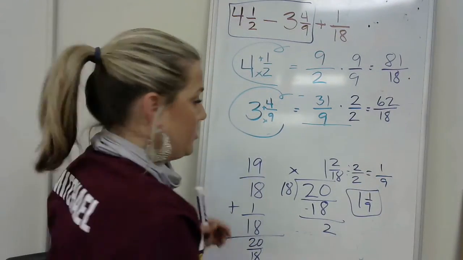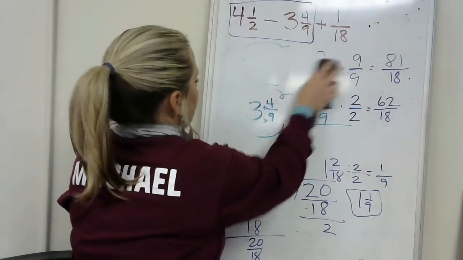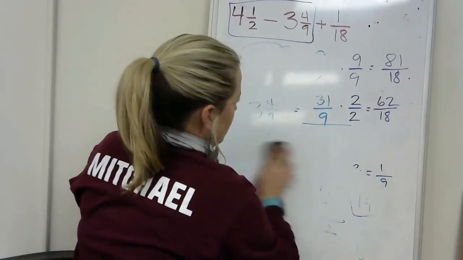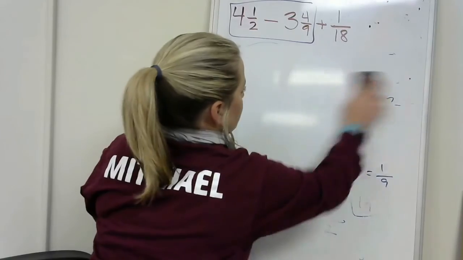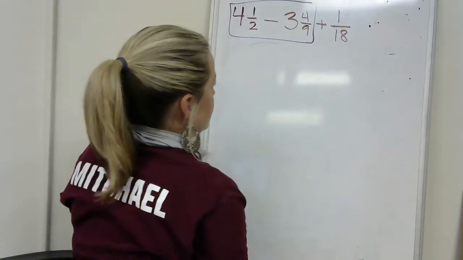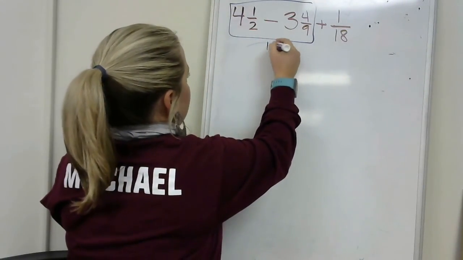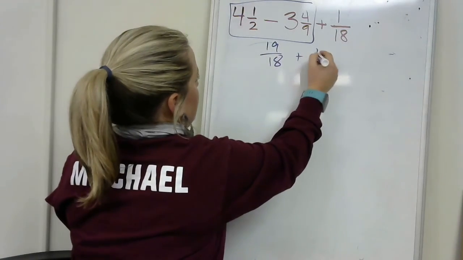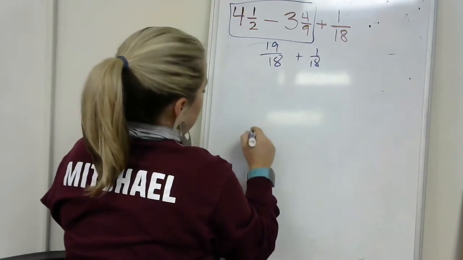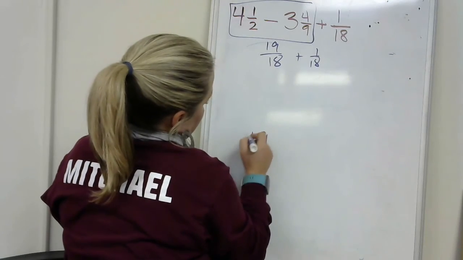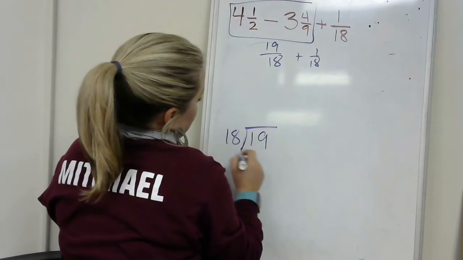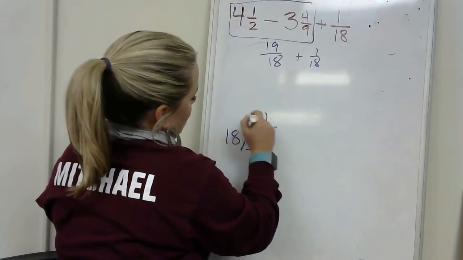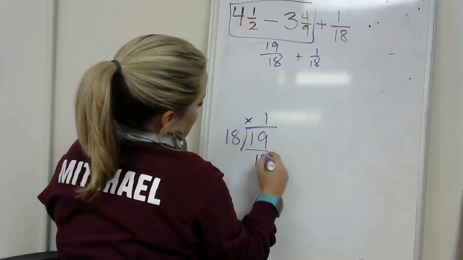There's another way we could do this. So we got 19 over 18 for the answer to this part. We got 19 over 18 plus 1/18. Okay, so we could TIBO this 19 into 18. I know 18 will go into 19 one time, and 1 times 18 is 18.